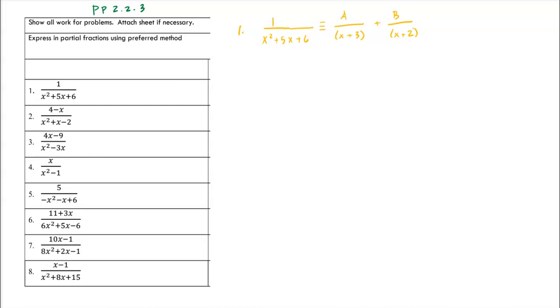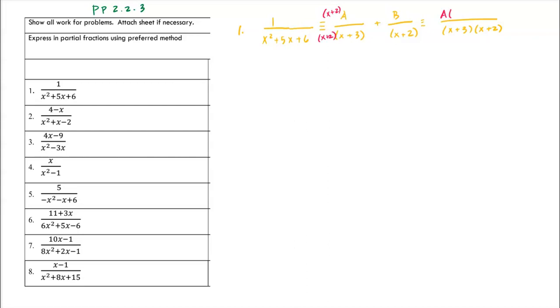So once you do that, we can now have a common denominator, x plus 3, x plus 2. And to create this fraction into this denominator, we know that we have to multiply top and bottom by x plus 2.